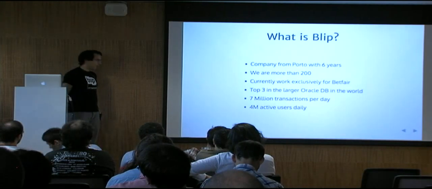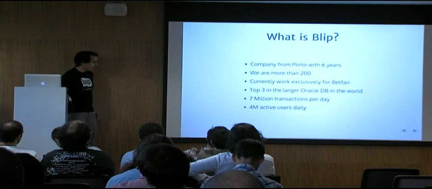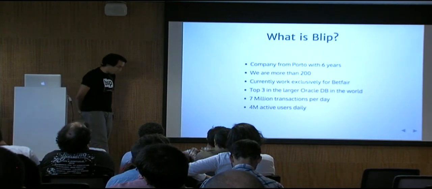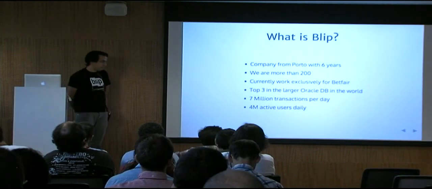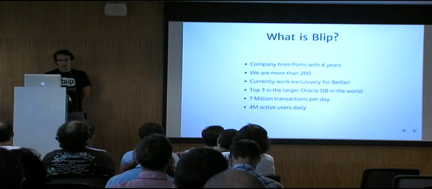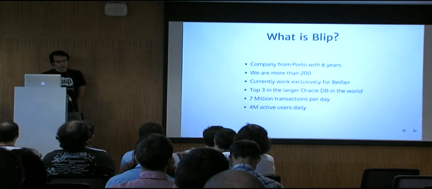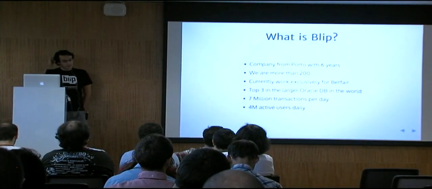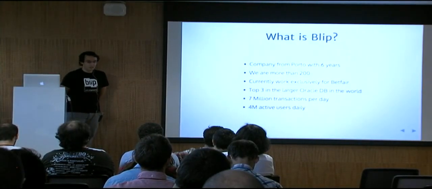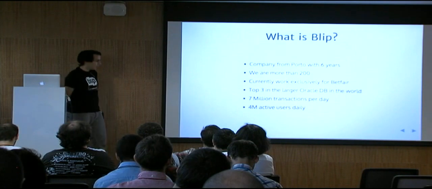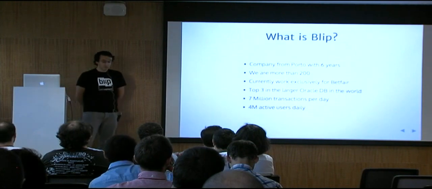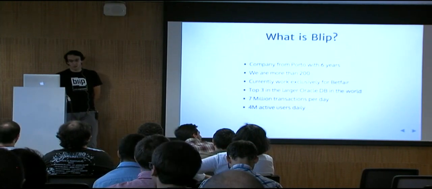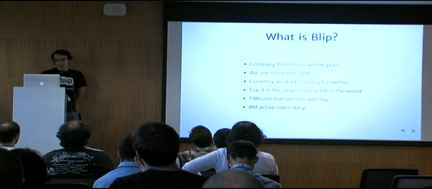So you have a big picture of the business: we have one of the top 3 largest Oracle databases in the world, and we have 7 million transactions per day, which is more transactions than the New York stock market, and we have 4 million active users daily.